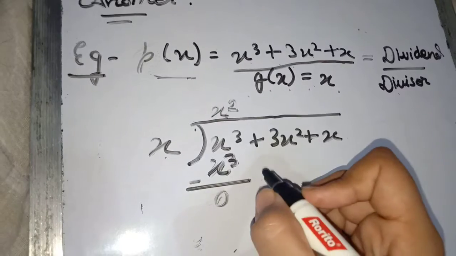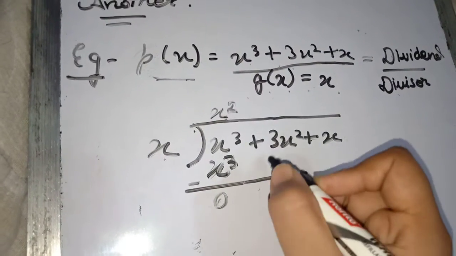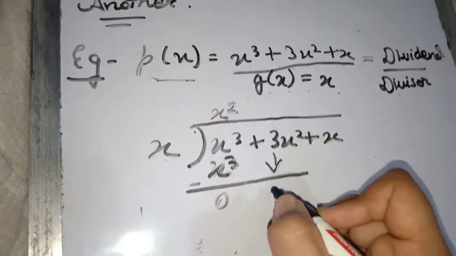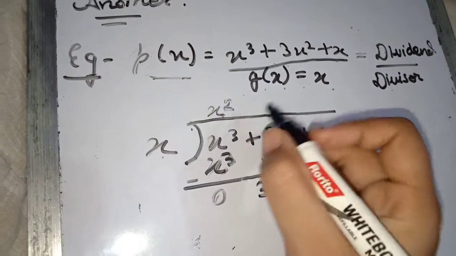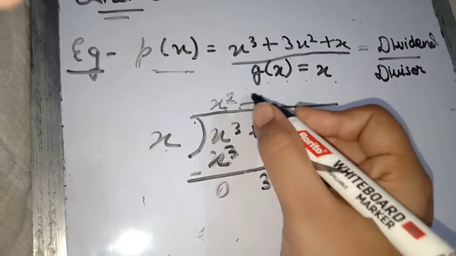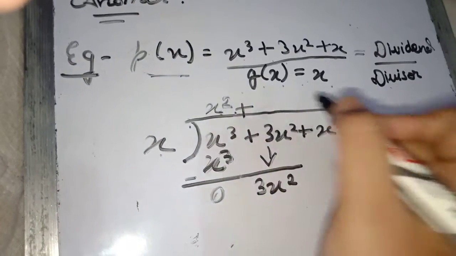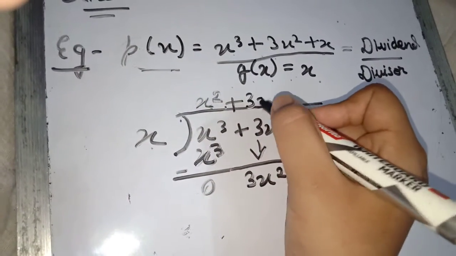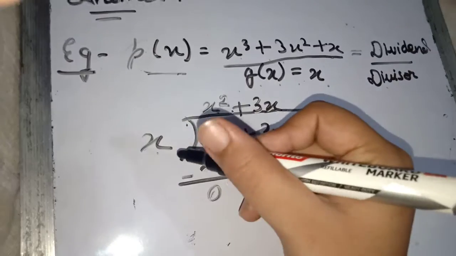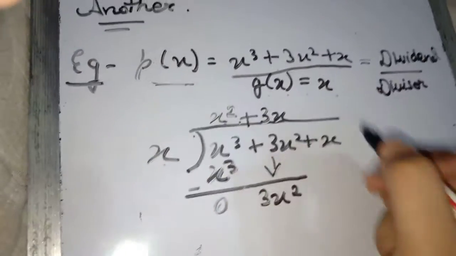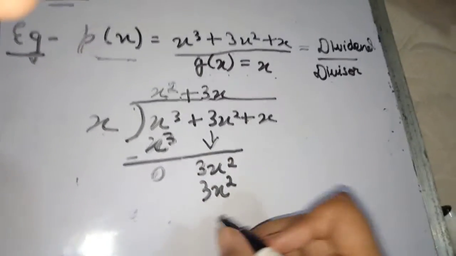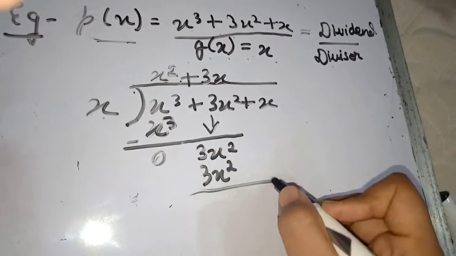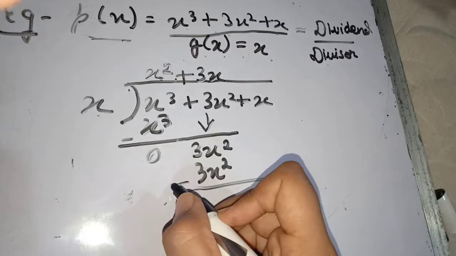Now 3x square will come this side. This is the plus sign, so we will take plus here. Now we have taken 3x, so 3x into x will be 3x square. Now it will be minus.